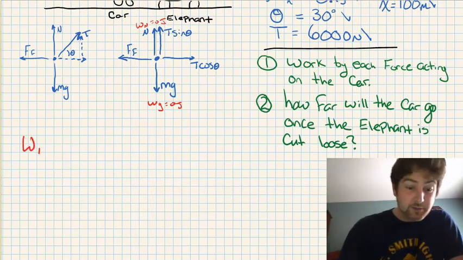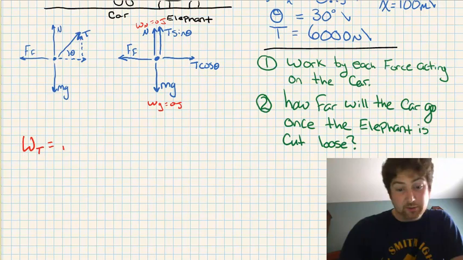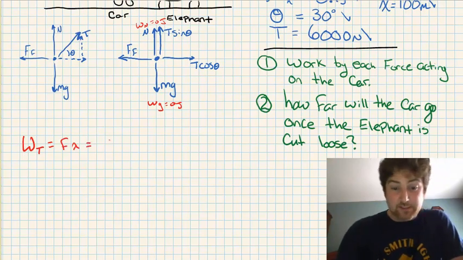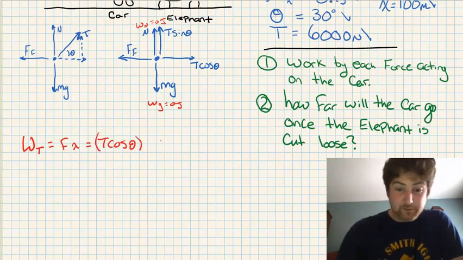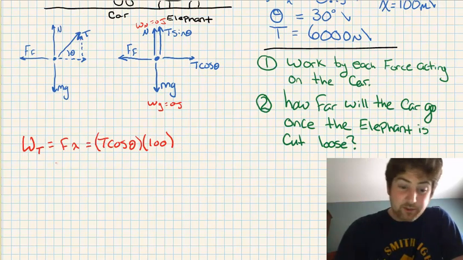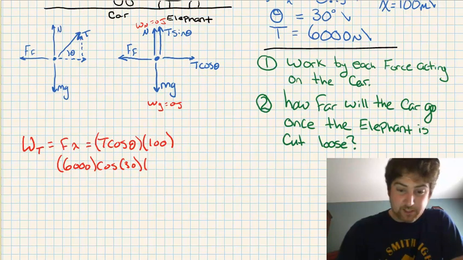So the work done by the tension force is going to be force times distance, which in this case is going to be T cosine theta times our distance of 100, which is going to be 6,000, our tension, times cosine theta, which is cosine of 30, times 100.